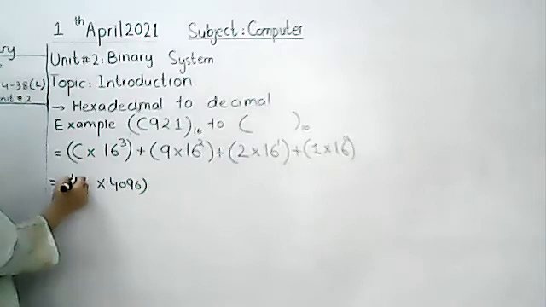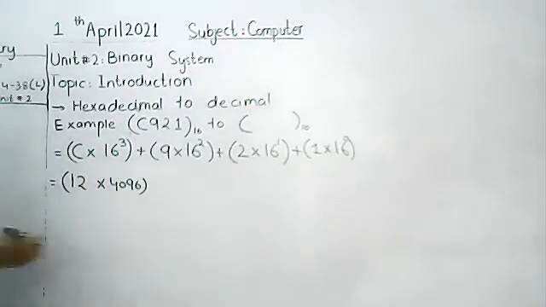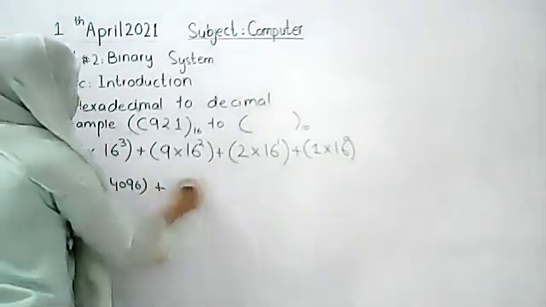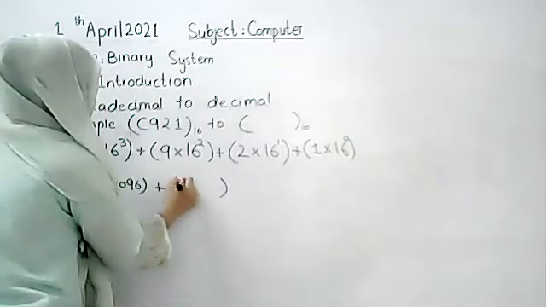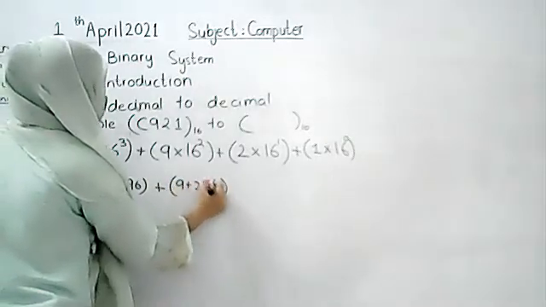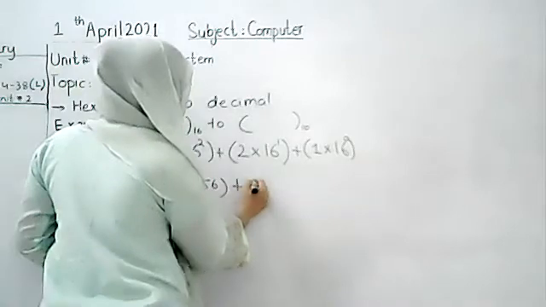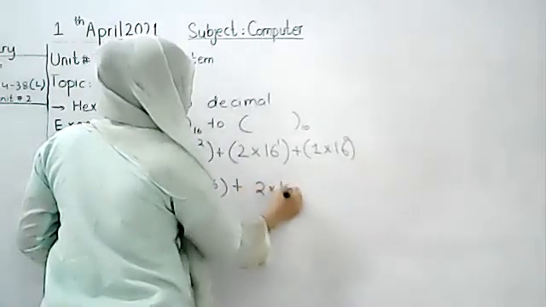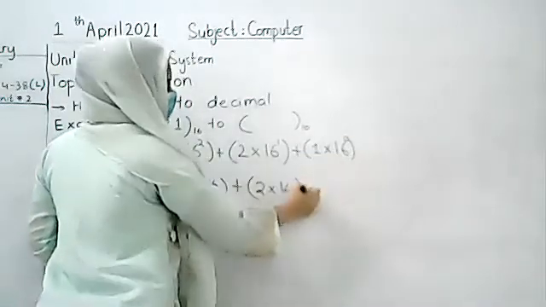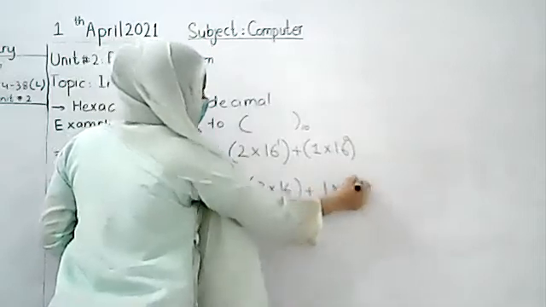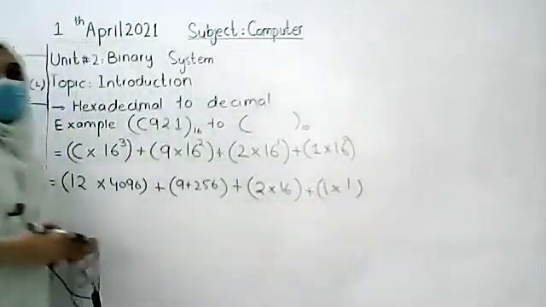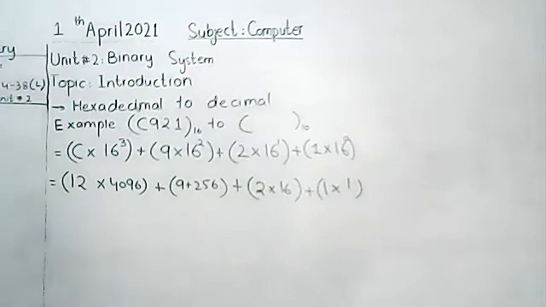And C is 12. And 16 power 0 is always the 1. Any number having the power 0 is always equal to 1. Okay? Okay, now we have to multiply.